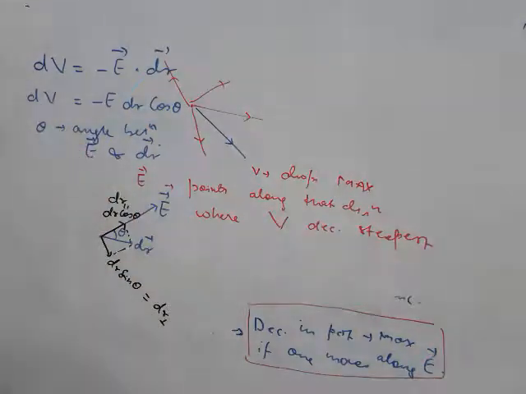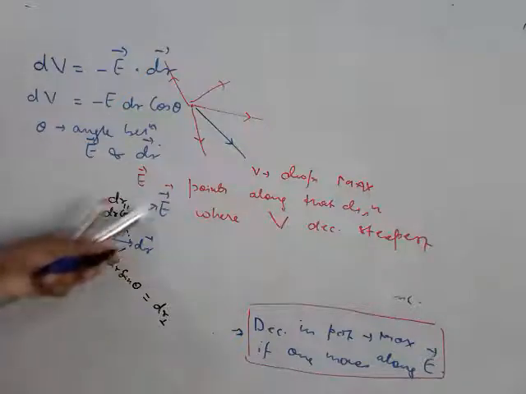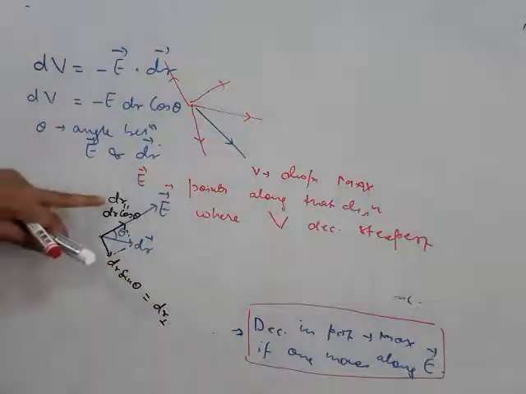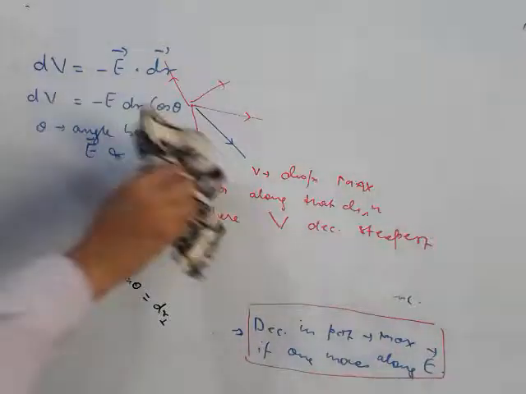What is the meaning of that? Dr perpendicular is the component of displacement vector perpendicular to the direction of electric field, and dr parallel is the component of displacement vector parallel to the direction of electric field. With this particular definition, we can write the value of E like so.